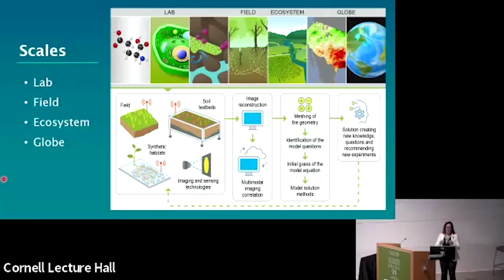And the way modeling fits into this is that modeling frameworks are there to integrate all the knowledge from these different experimental techniques. And virtually on every scale, the X-ray techniques are involved, aren't they? We've already seen some of the synthetic habitat work described here yesterday. So modeling will bring together all the different techniques.